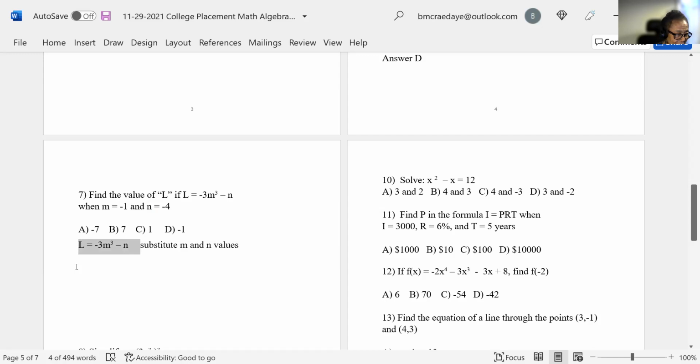What answer do you get? M is a minus 1, so minus 1. And the N is a minus 4. That's right. And tell me what answer you get.